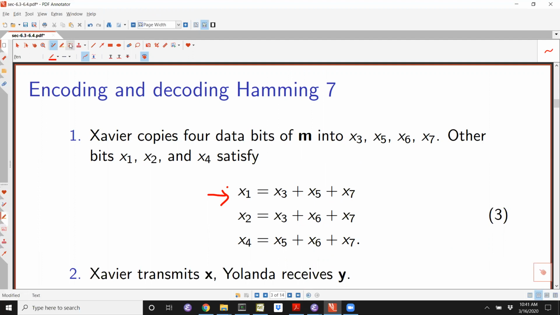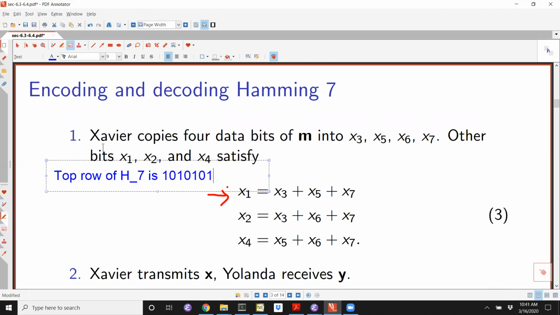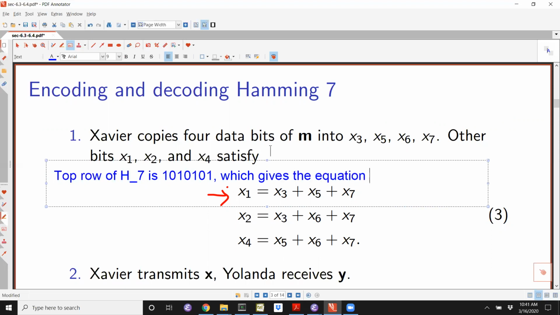That equation comes from the fact that the top row of H7 is 1 0 1 0 1 0 1, which gives the equation x1 plus x3 plus x5 plus x7 equals 0.